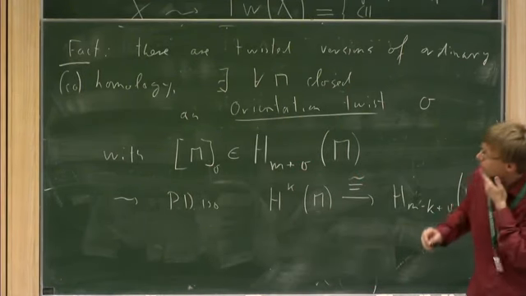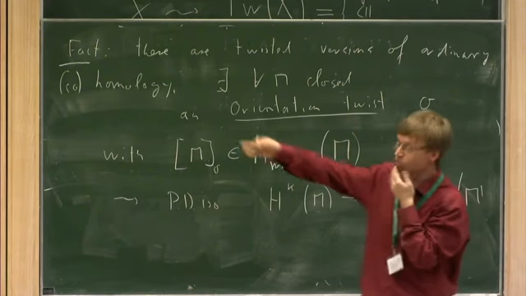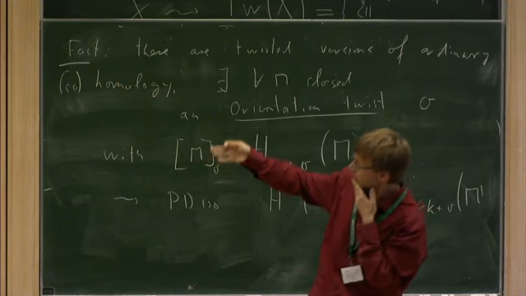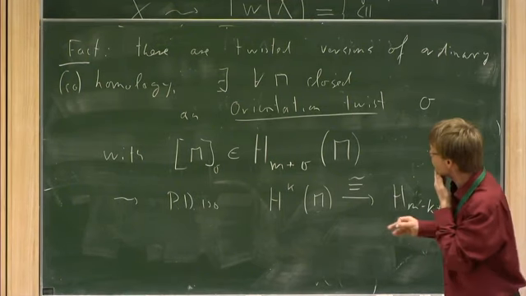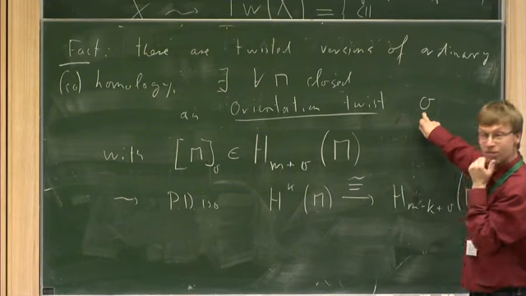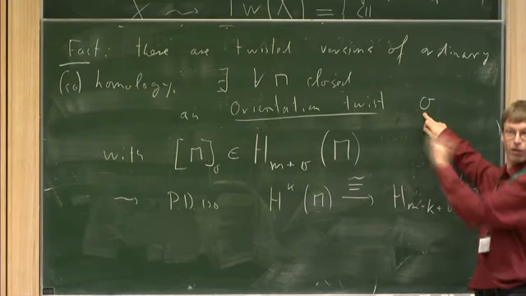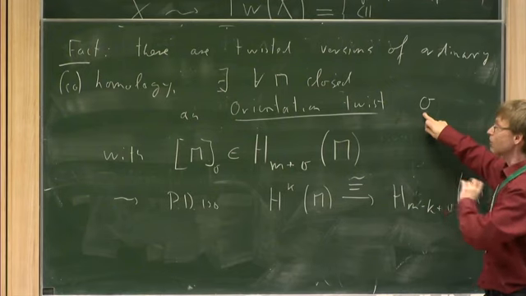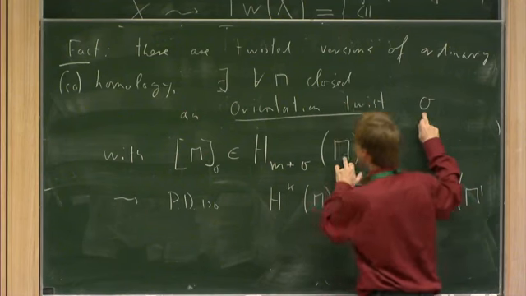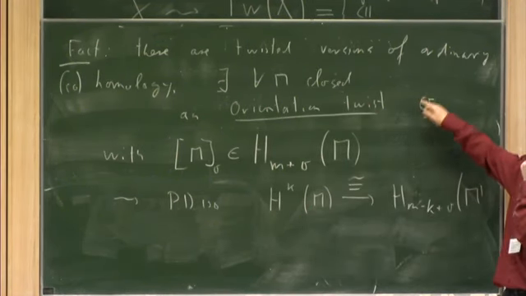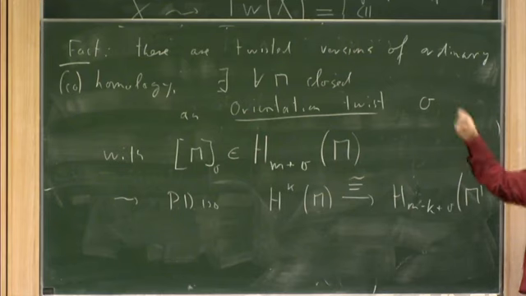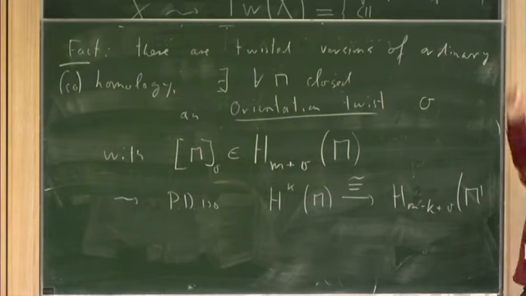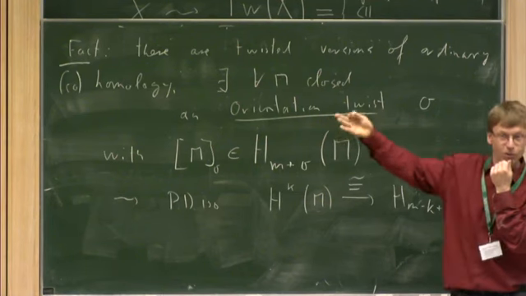How about picking an orientation, as we're used to in classical talk about orientations of manifolds? Picking an orientation is possible only if this canonically given orientation twist is isomorphic to the trivial twist. Picking an orientation on the manifold corresponds to picking an isomorphism between this orientation twist and the trivial twist, which is our base point in the set of all twists. So this also encodes the idea of the usual orientation.